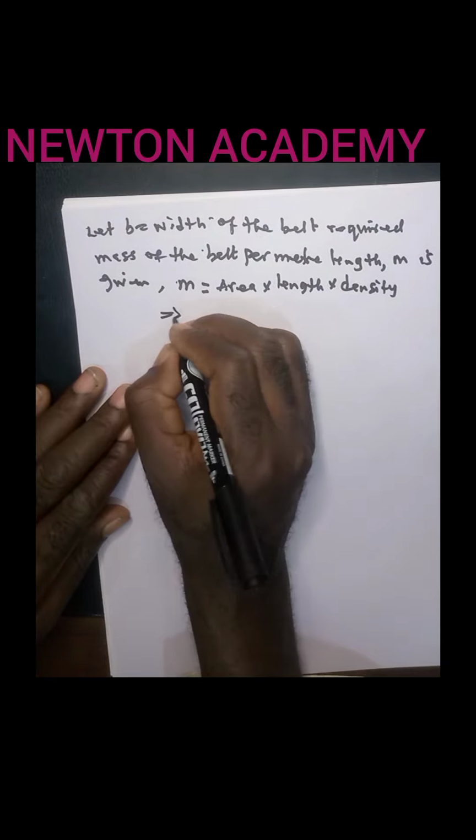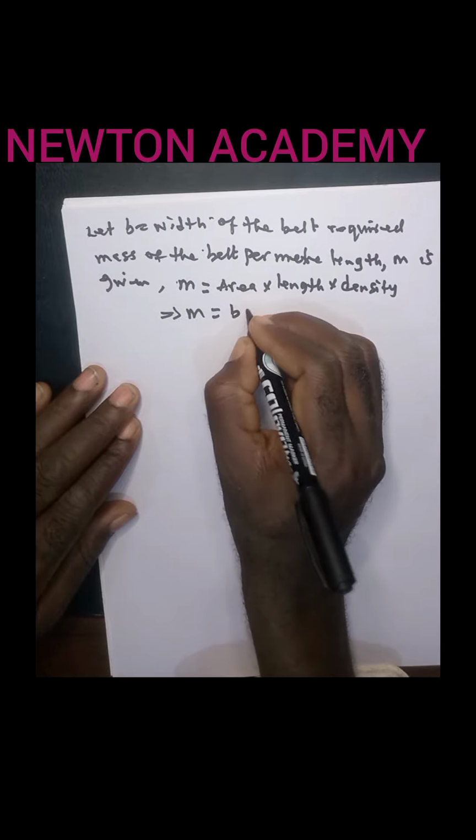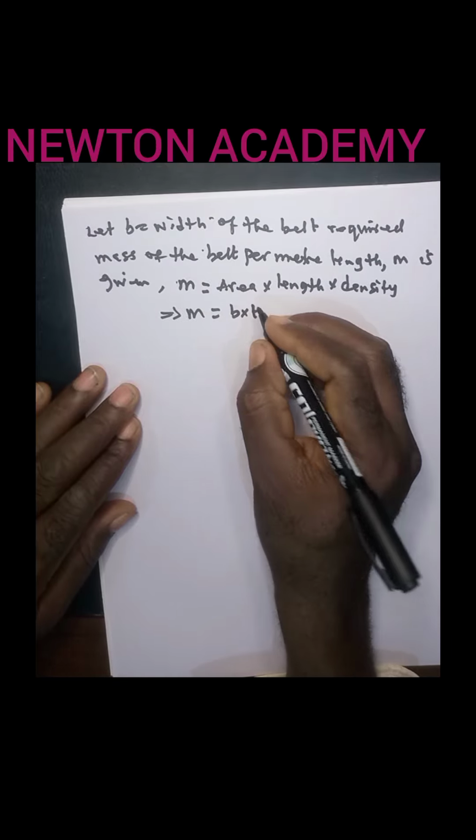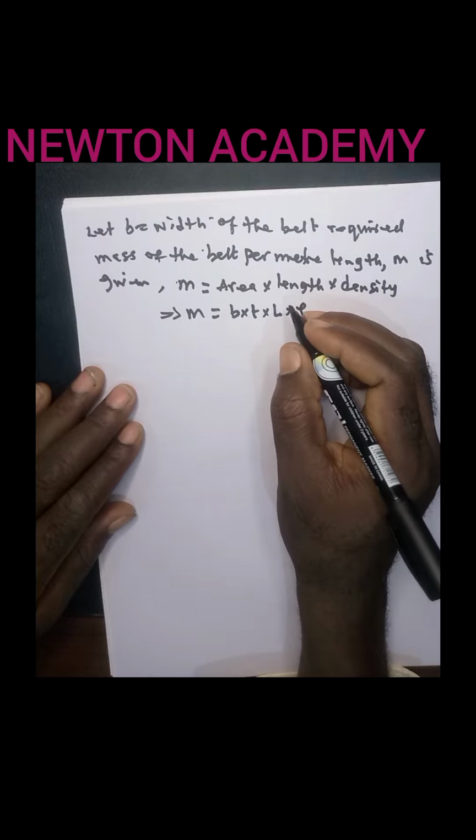This implies that M is equal to the width of the belt multiplied by the thickness of the belt times the length of the belt times the density of the belt.